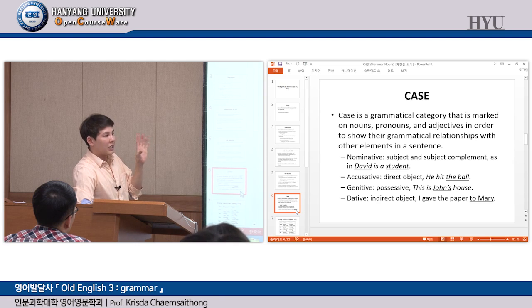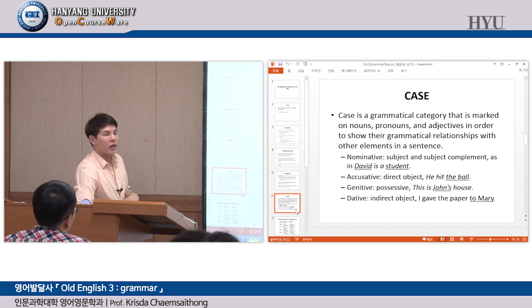So the main noun is house, and house is nominative, but genitive is John. John has to be marked. This is the house of John. Same thing. So John here is in the genitive case or possessive case. House is not. House is nominative because house is a subject complement of is.